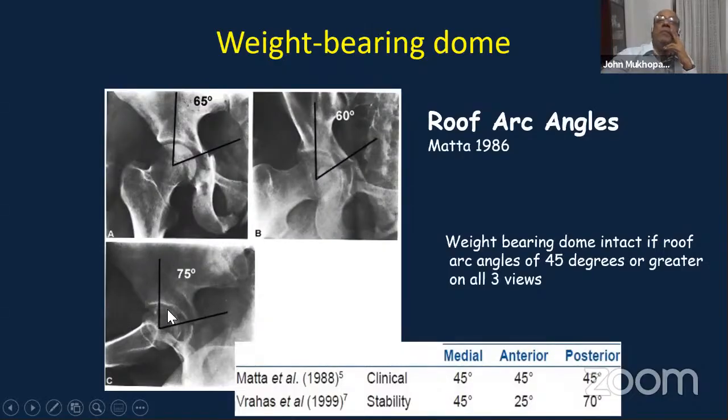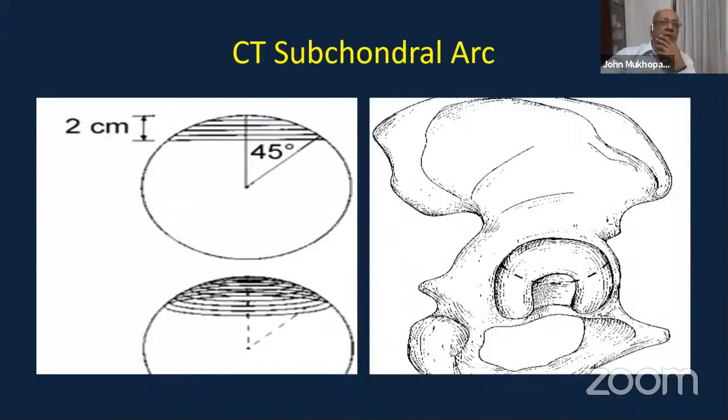While in the posterior part of the acetabulum, in the iliac view, this angle should be as high as 70 degrees, because that is the major weight-bearing area. So Matta's angles or the roof arc angles have been modified by Vrahas et al. in 1999 to represent more accurately the weight-bearing area of the dome of the acetabulum.